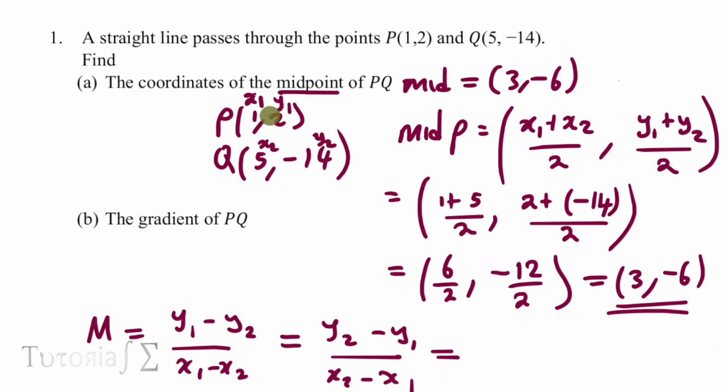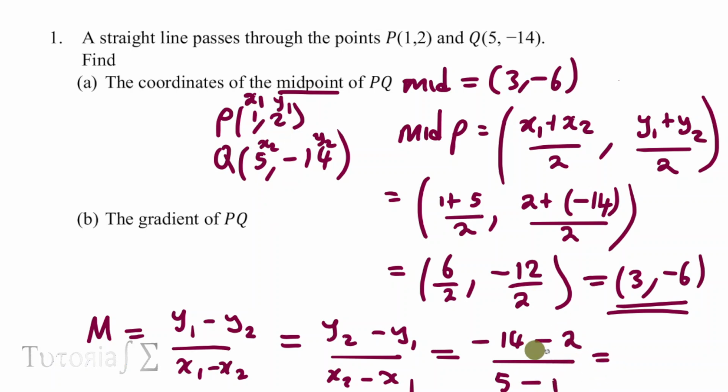Here we've already labeled our y2, which is negative 14. So that is negative 14 minus y1, which is 2. Then we divide by our x2, which is 5, minus our x1, which is 1.